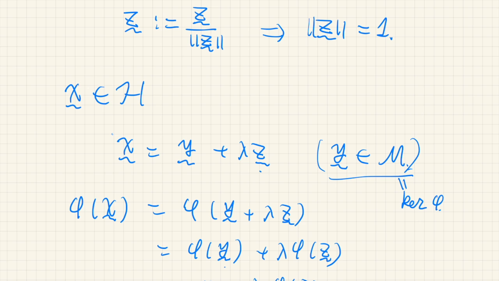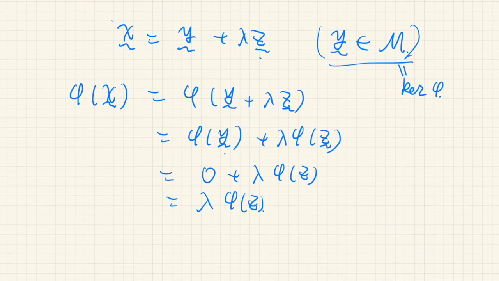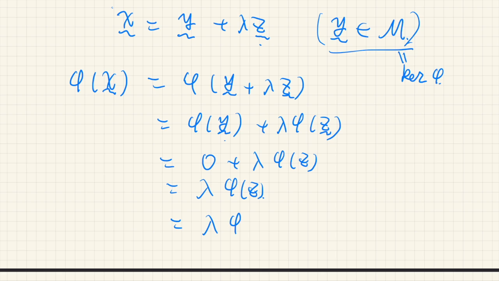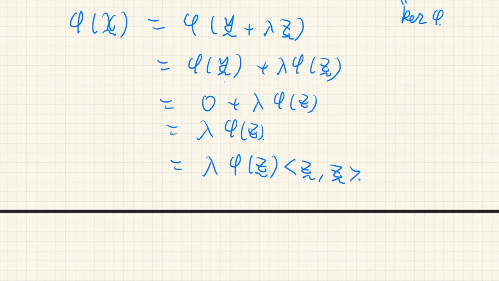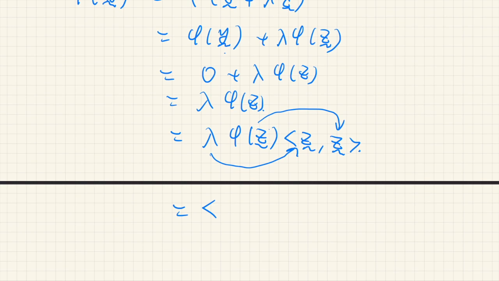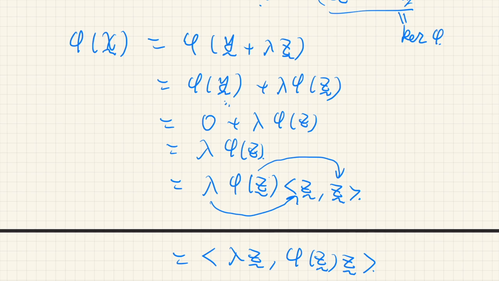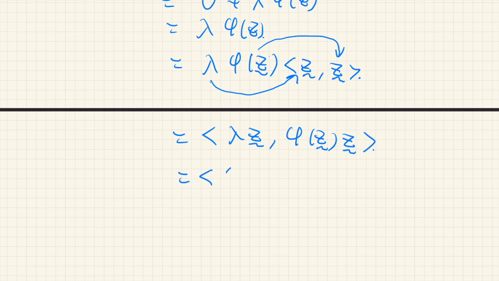And since z is a unit vector, we can multiply by its norm. Okay, and we can distribute this constant here in the second position and lambda in the first position. So we have the inner product of lambda z with phi of z times z. At this point, let's reintroduce y: the inner product of y with phi of z times z.